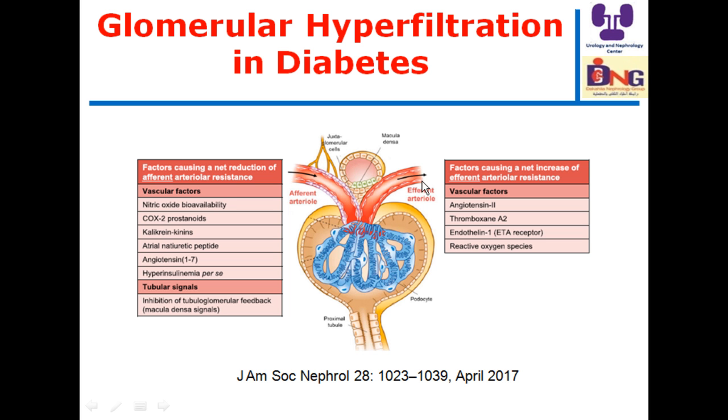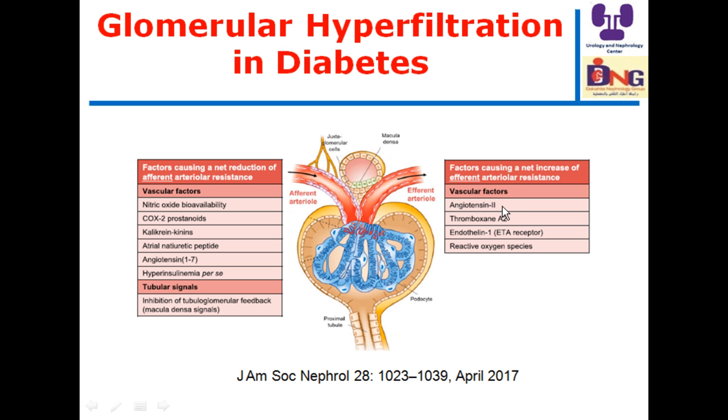The second part is more and more efferent vasoconstriction. So the factors cause a net increase of efferent arteriolar resistance. Through these factors, angiotensin 2 increases more and more.